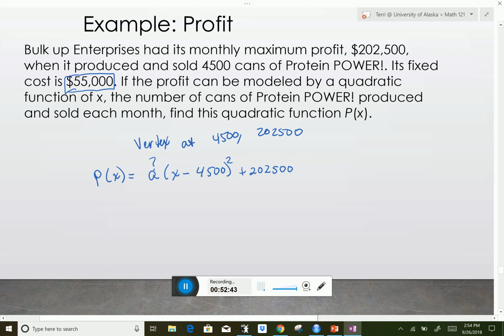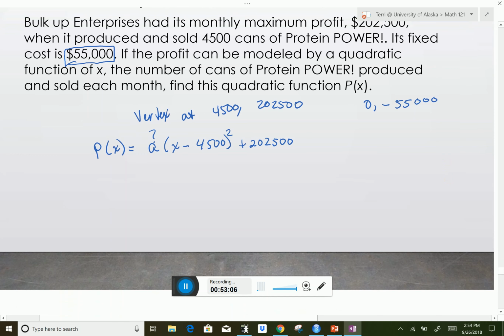Because our fixed costs is when we make nothing. So at 0, we actually have a negative profit of $55,000, right? Because we make nothing.